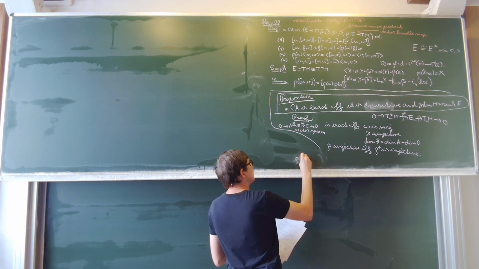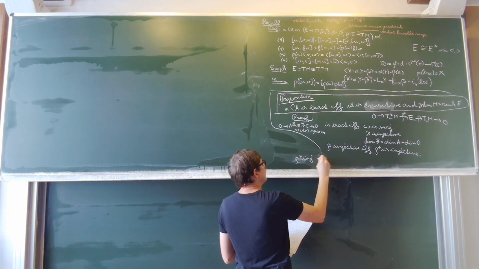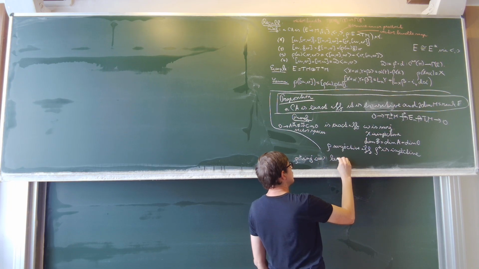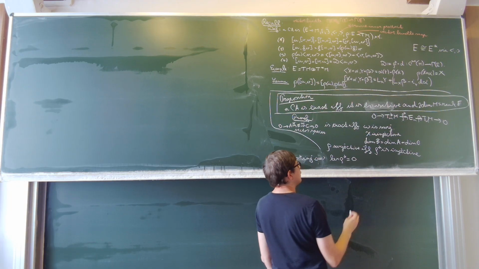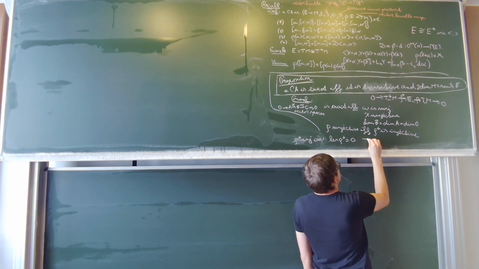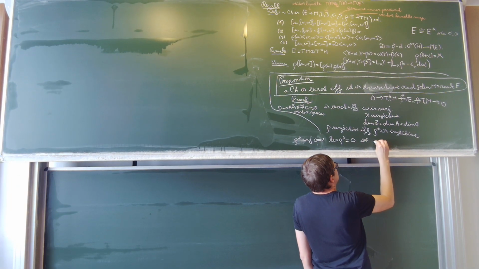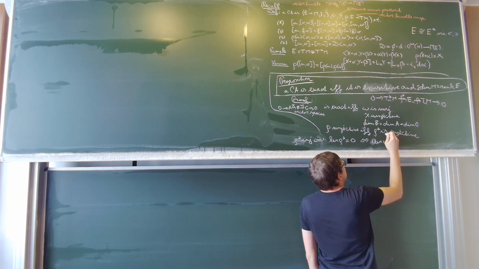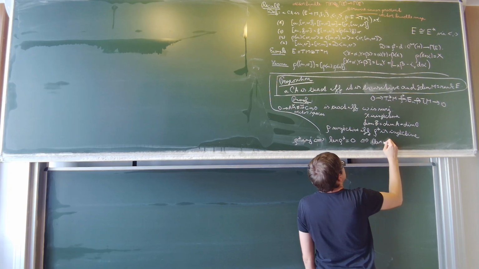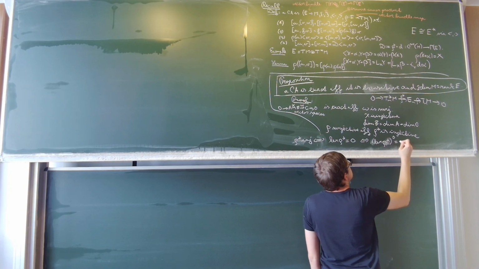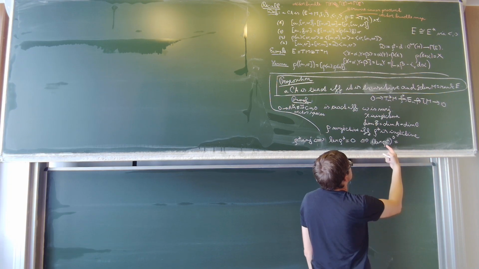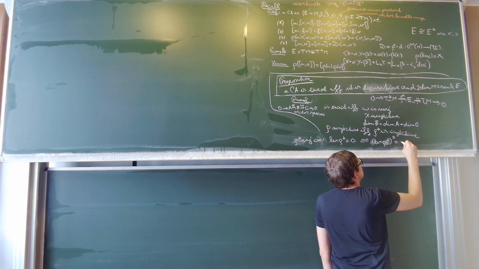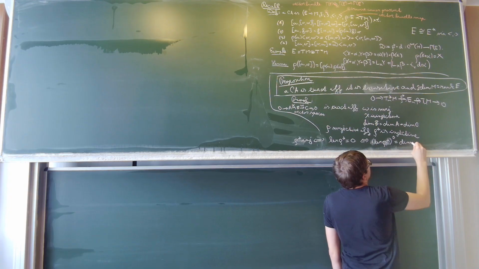So rho star injective is the same thing as kernel of that map being 0, which is the same thing as saying that the annihilator of the kernel is everything. It's the whole space. In this case, rho star goes from T star M to E.